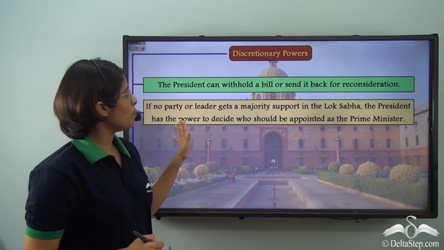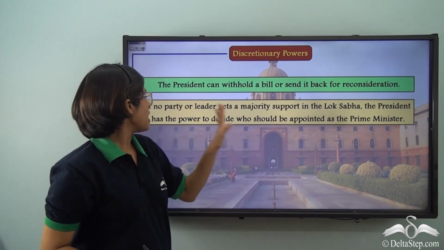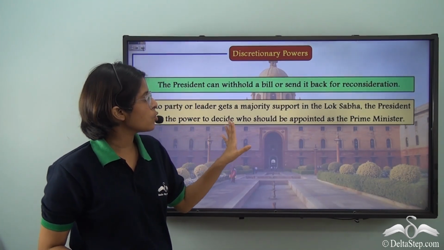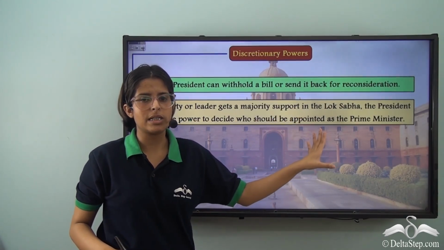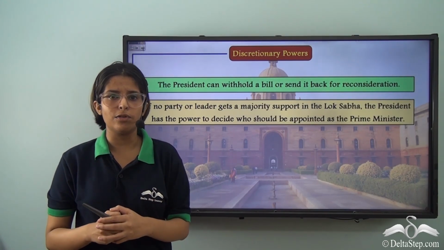Secondly, if no party or leader gets a majority support in the Lok Sabha, the President has the power to decide who should be appointed as the Prime Minister. So he has to look at the possibility of forming an alternate government.